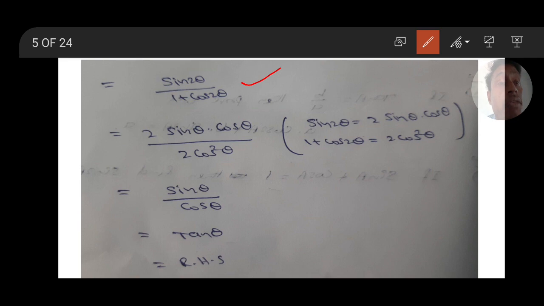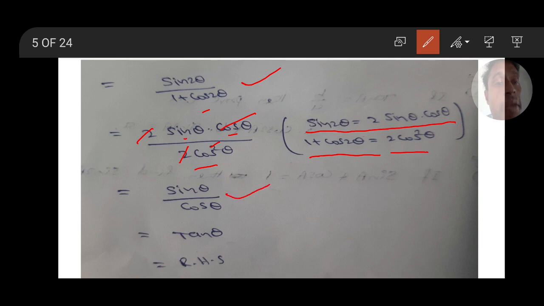Sin 2 theta by 1 plus cos 2 theta. The sin 2 theta formula is 2 sin theta into cos theta, and the 1 plus cos 2 theta formula is 2 cos square theta. Simplification: 2 sin theta into cos theta by 2 cos square theta. 2 cancels, cos theta cancels.